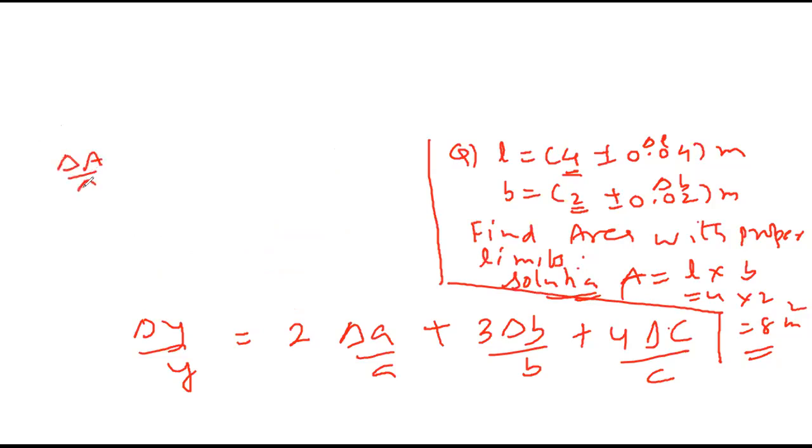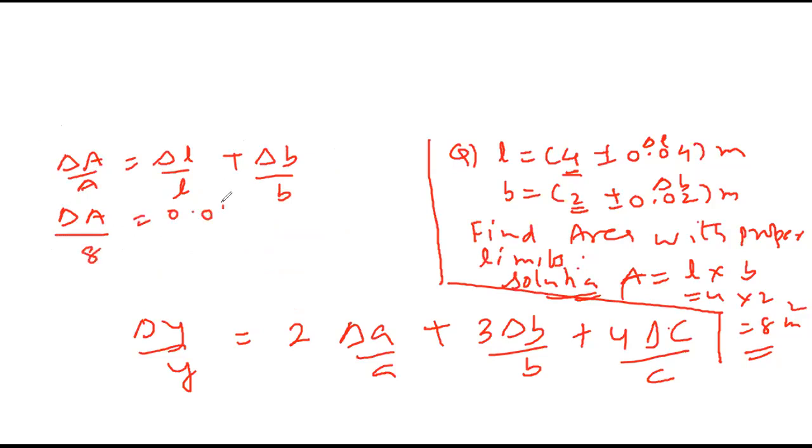Delta A upon A will be delta L upon L plus delta B upon B. So delta A upon area we got as 8 by calculation.